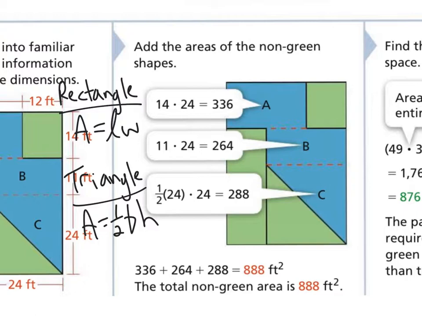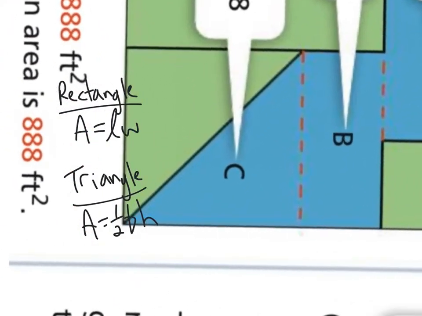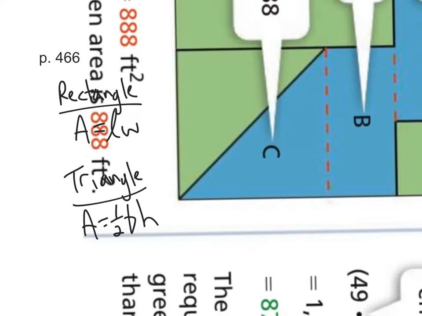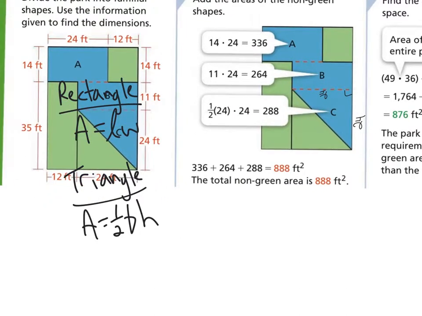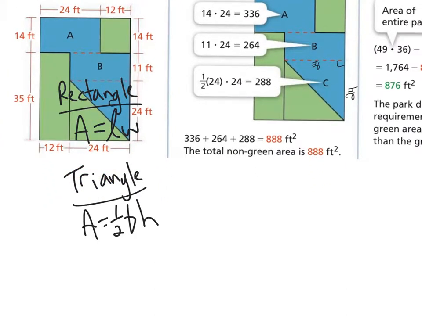And then the triangle: the base and height always meet at a right angle, so you might have to think of turning this sideways and then think about what those dimensions are. This was 24, this is 24. If you take half of 24 times 24, you would end up getting 288. Add those together and you get 888 square feet for the non-green area.